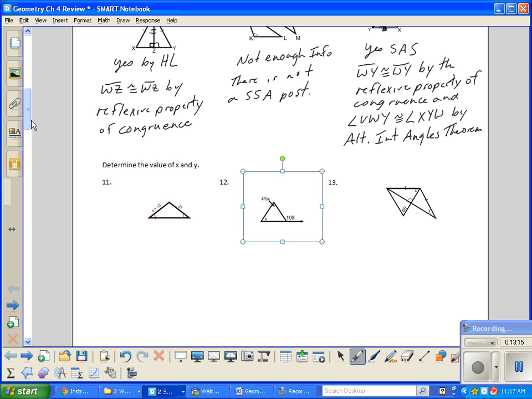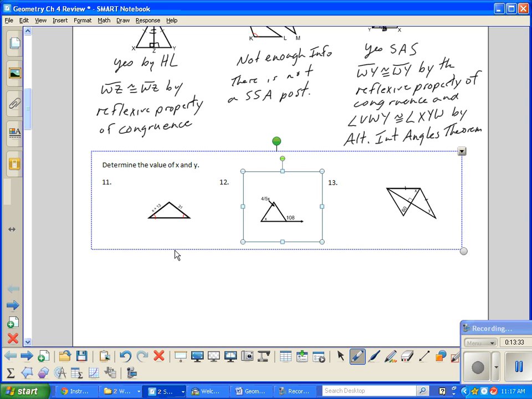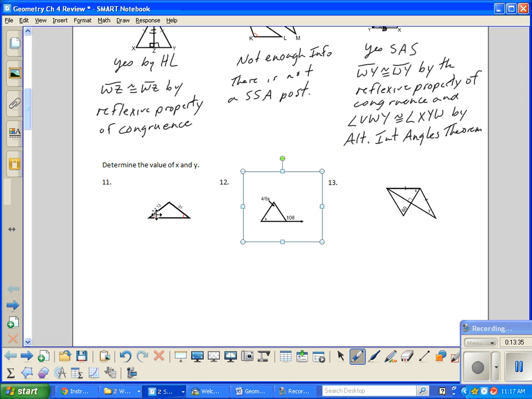And 11, 12, and 13 are determining the value of x and y if it has an x and a y, or just solving for x if there's just an x. So 11, this triangle has the 2 base angles there marked congruent.